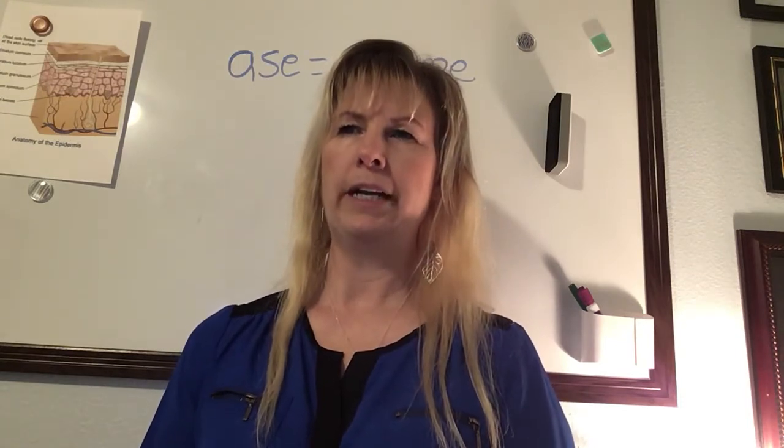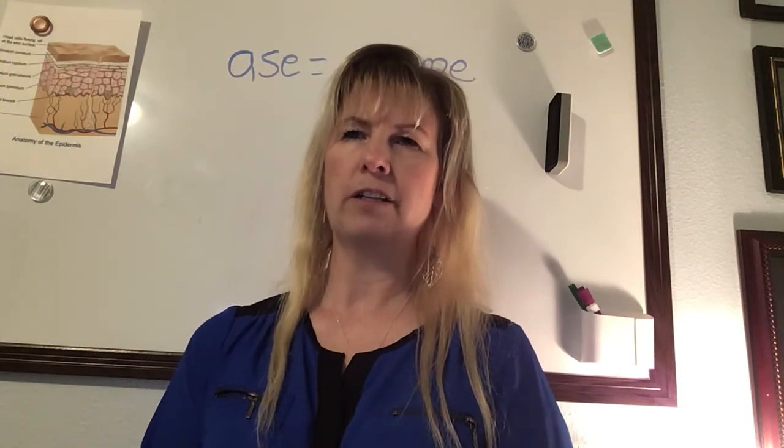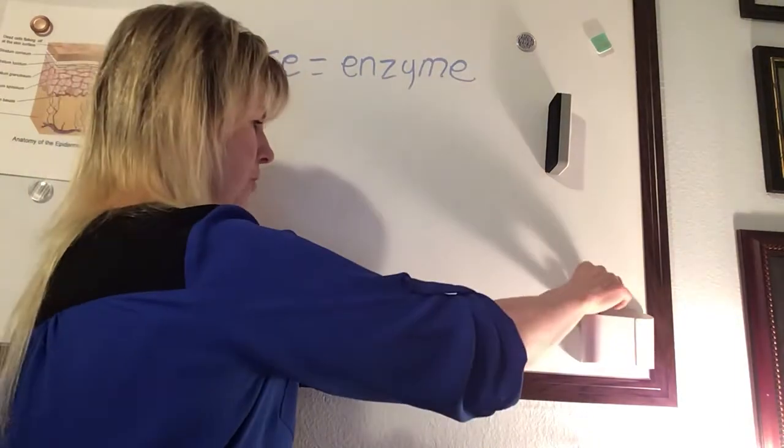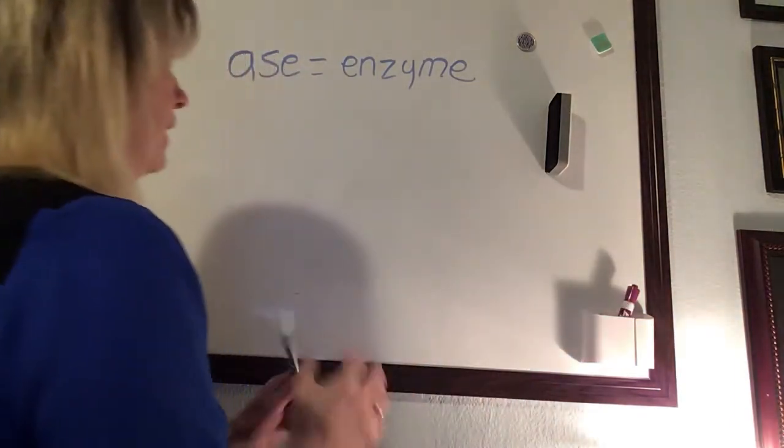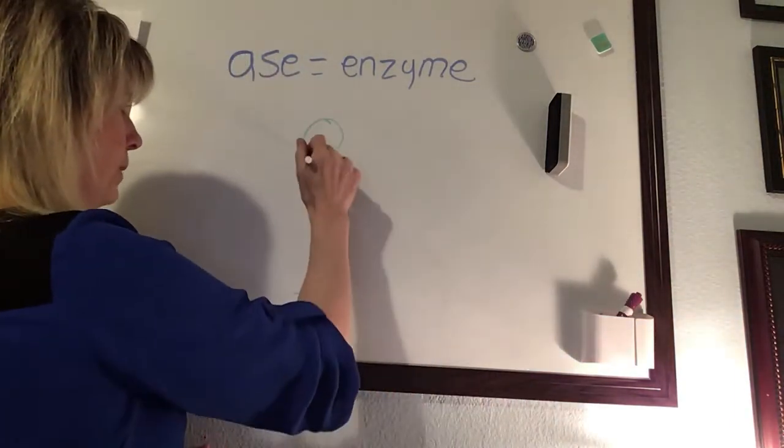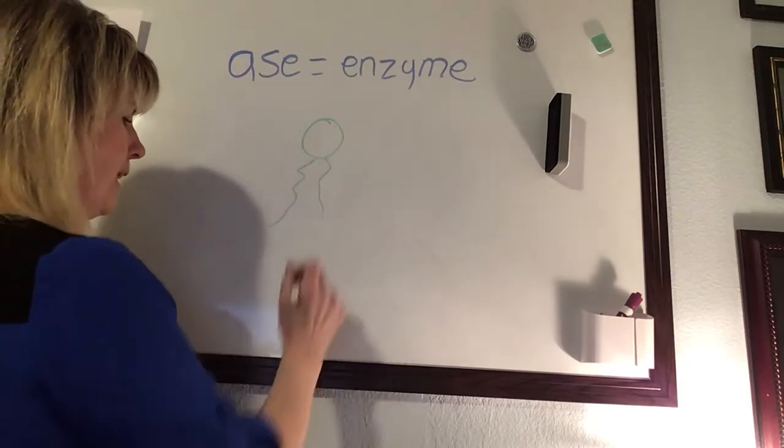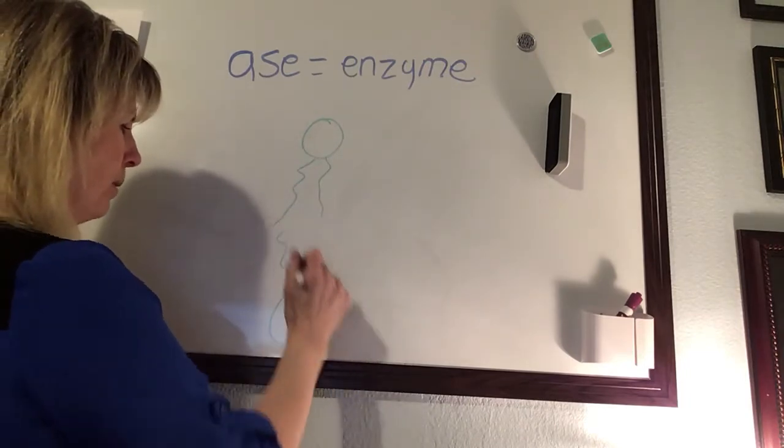So to clarify, a bilayer is a thin polar membrane. It's made up of two layers of lipid molecules. I'll show you a little picture of it. Here you have a phospholipid head with two fatty acid tails. Again, here's the bilayer.